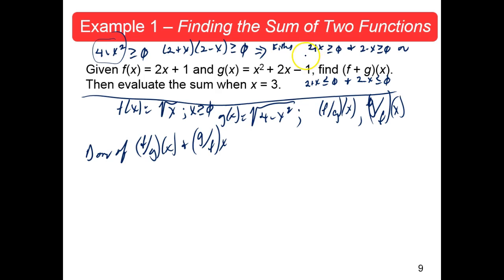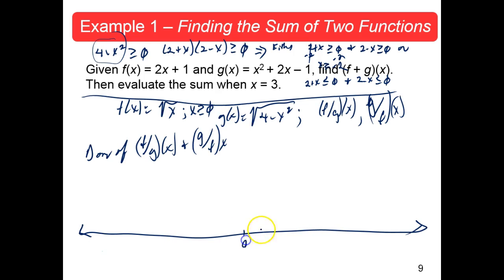What would you do? Subtract 2 from both sides of the inequality. That doesn't change the sign any, and that gives us x greater than or equal to negative 2. All right, I'm going to come down here and draw a number line.